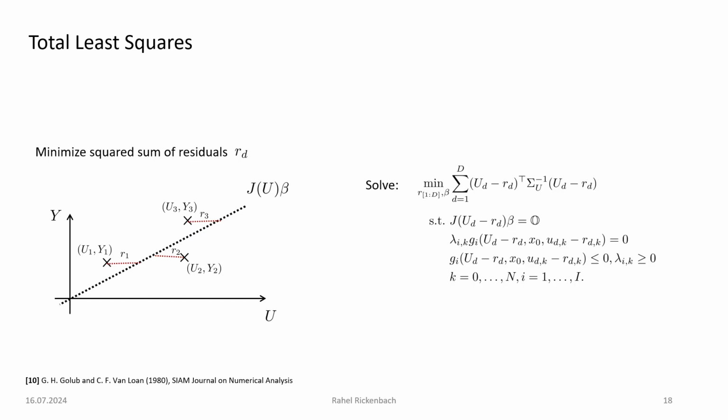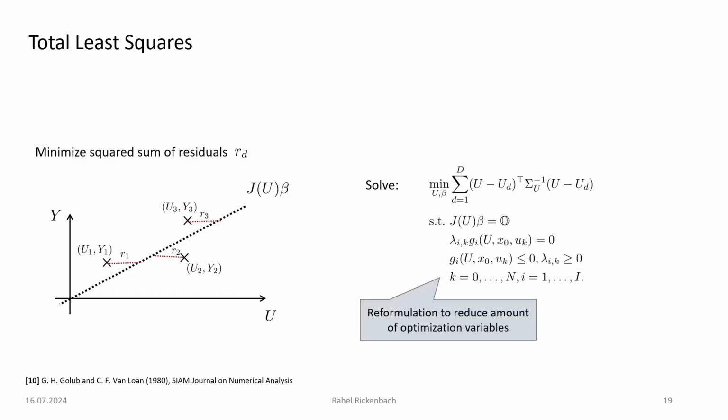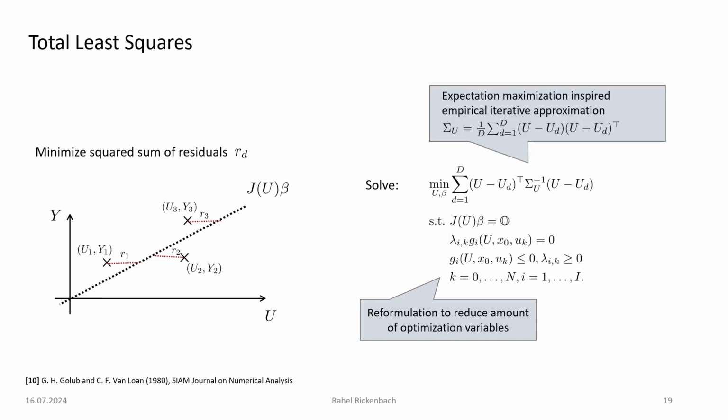And because we know that there is actually an optimal solution, we can reformulate this optimization problem to get rid of some optimization variables and reformulate it like this. So now we also jointly optimize over u and beta, consider the KKT conditions in the constraints, and we obtain an estimate by an expectation maximization inspired approach, where we kind of iteratively, empirically approximate this sigma u.